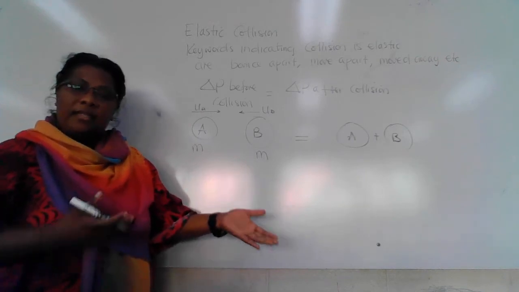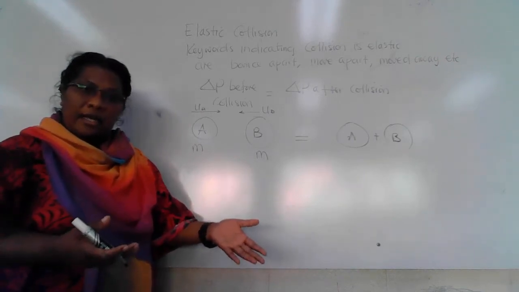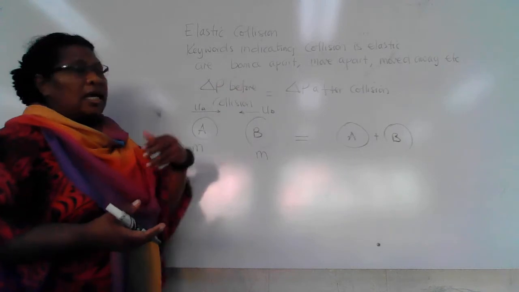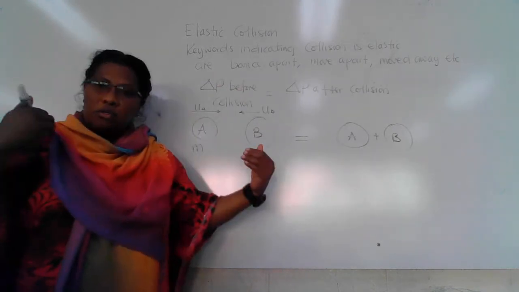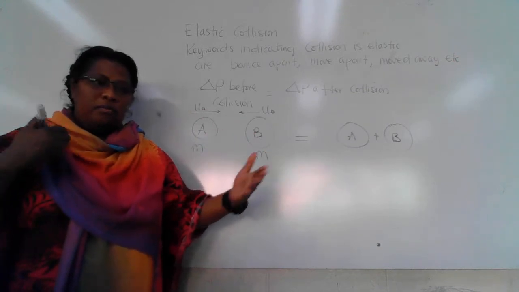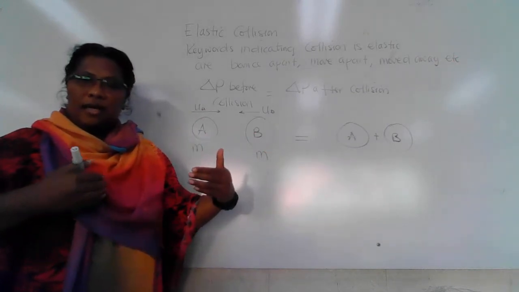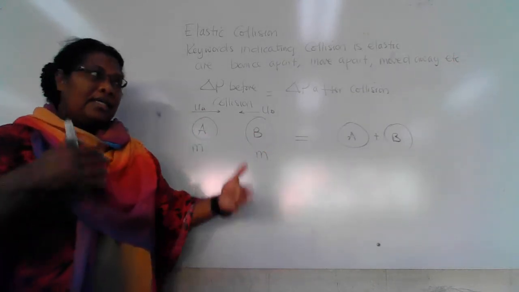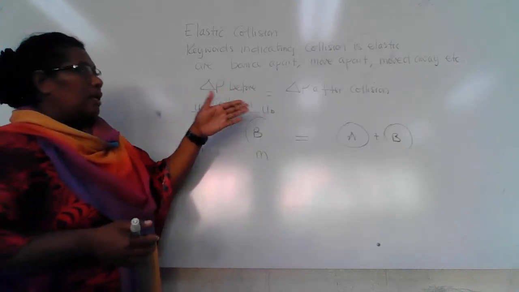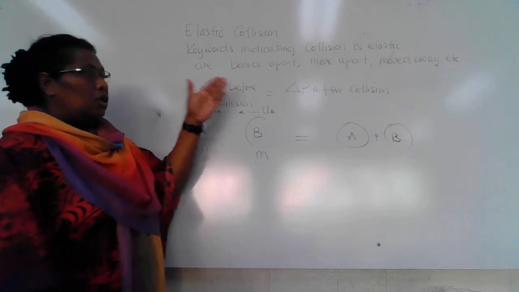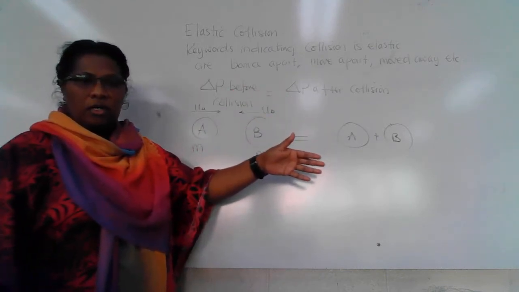That automatically indicates that the type of collision is an elastic collision. Because energy is conserved, they still have the energy to bounce off each other, and so we call that an elastic collision.